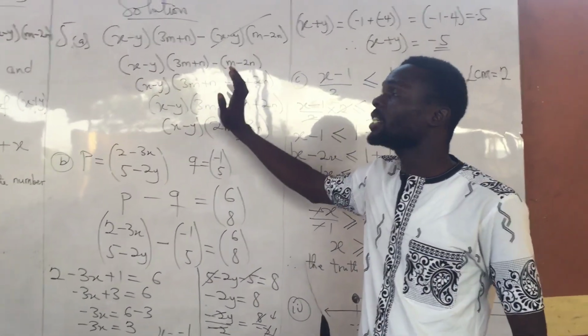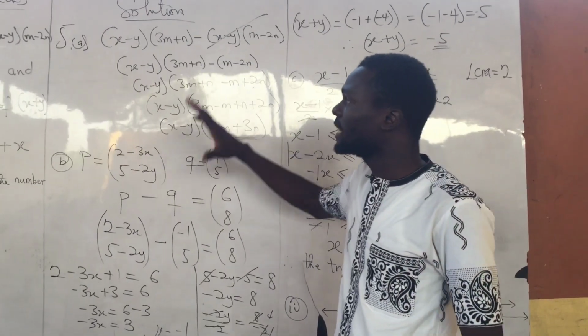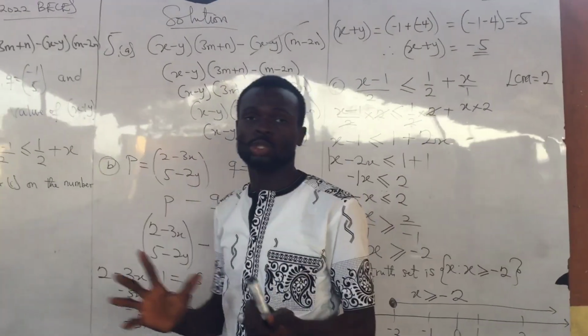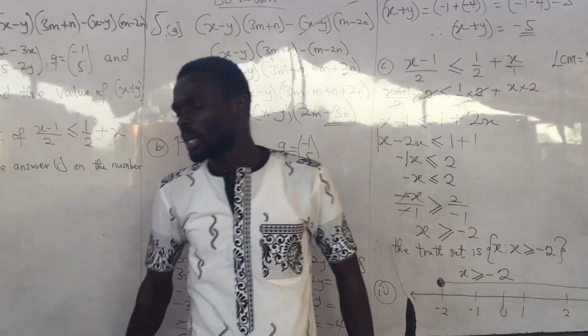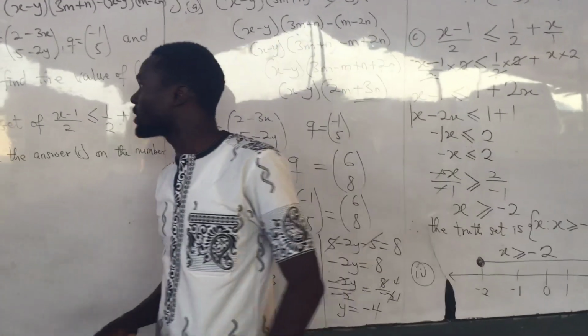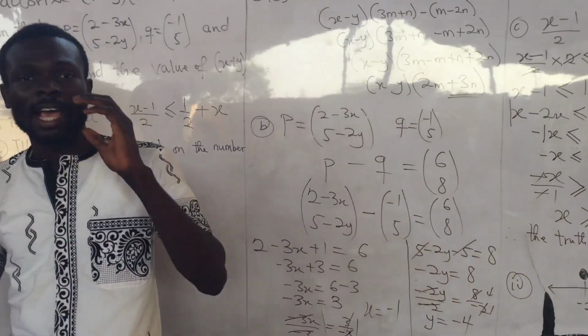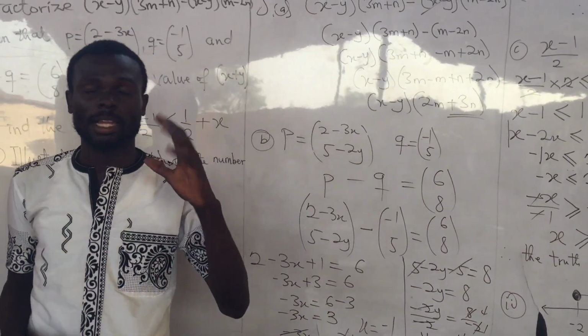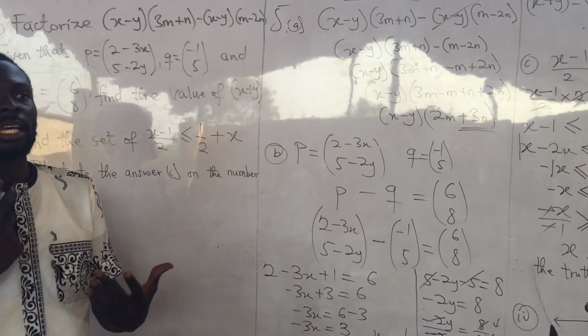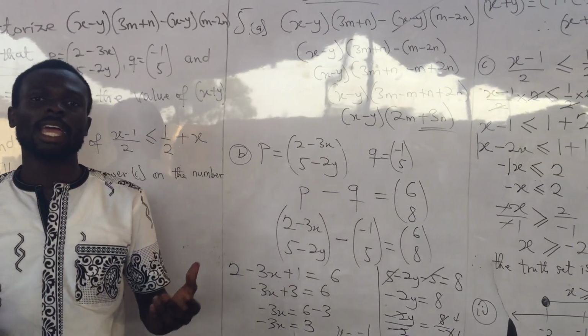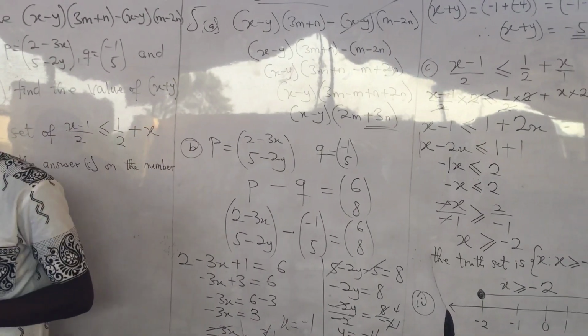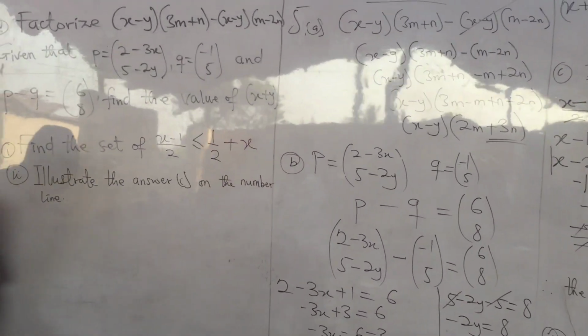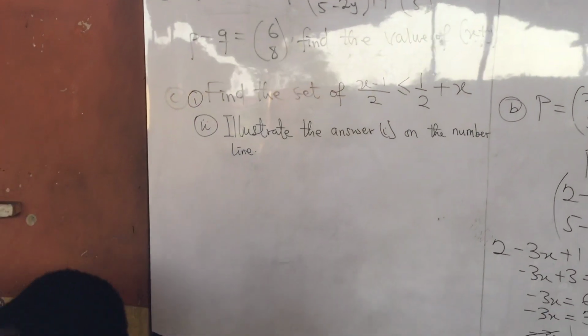For the factorization, we'll come back again and treat it as a whole topic on its own. So now let's look at question 6, what students were expected by the examiners or by WAEC to answer. Let's look at the graph, what we have.